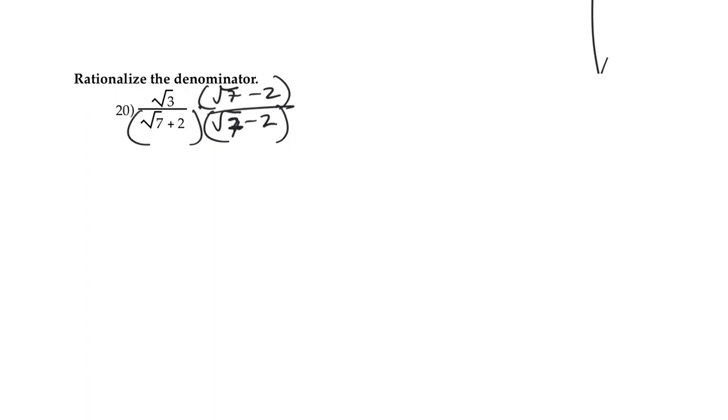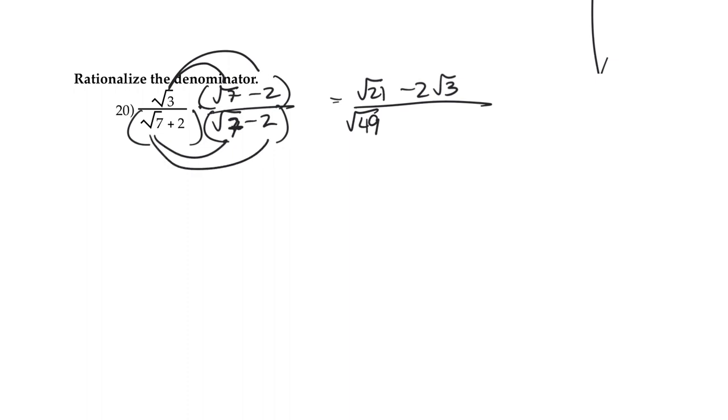All right, so let's do the first one. Root 7 times root 3 would be a root 21. Root 3 times that will be a minus 2 root 3 over, on the bottom, root 7 times root 7 is the square root of 49, which will come out to 7. Root 7 times minus 2 is a minus 2 root 7.